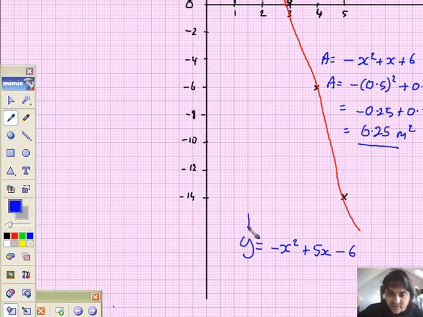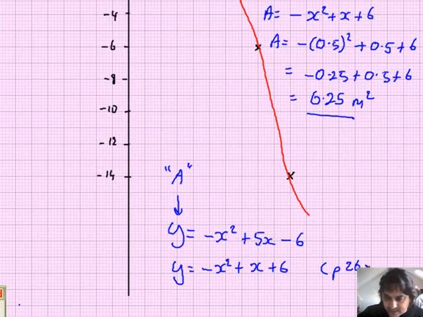That's what they're using, and of course the y is still the area. What it says in the question on page 160, question 3, it says the area, or the y, is minus x squared plus x plus 6. Okay, so that's on page 260, and this is in the answers.